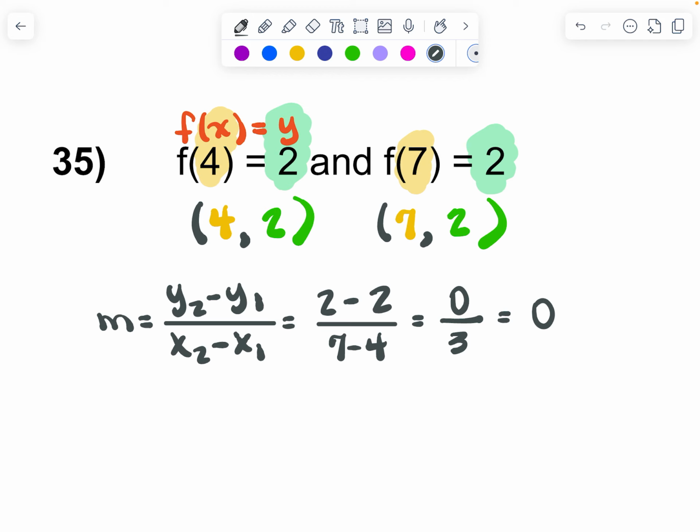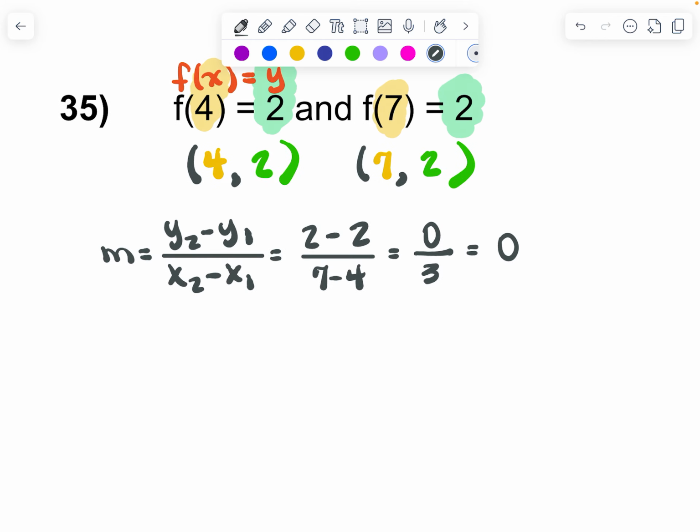All right, so there's a couple different ways you can go about this problem. I'm going to do this one the long way just so it makes sense. Now that I have a slope, I'm going to pick a point. It doesn't matter which one. I'm just going to pick 4, 2. And I'm going to do point slope form because clearly neither one of these is the y-intercept. So y minus 2 equals m, which is 0, times x minus 4.